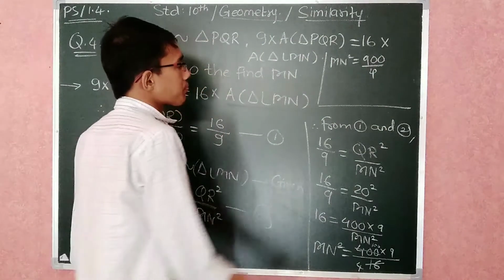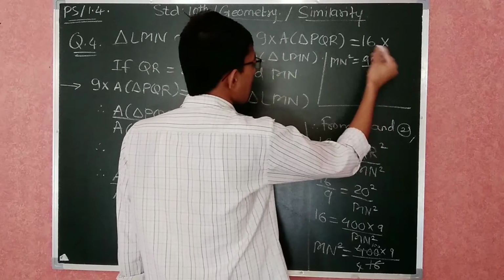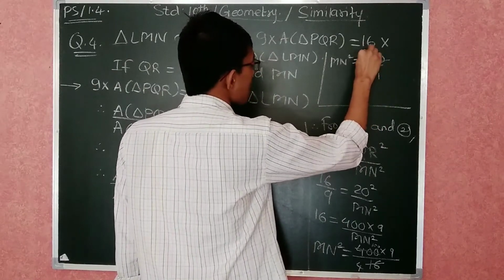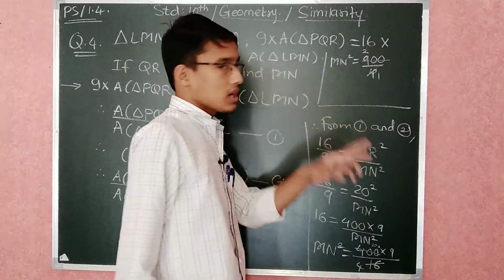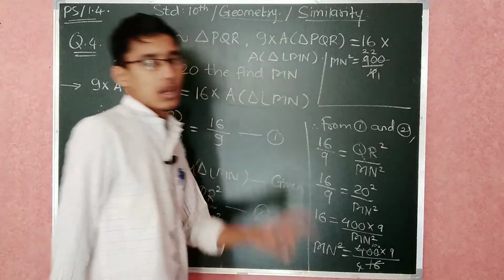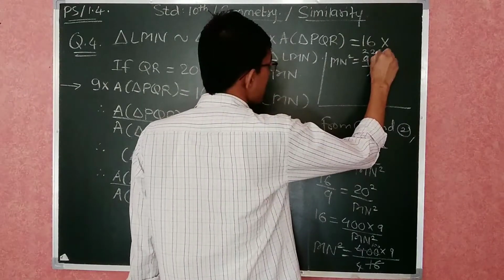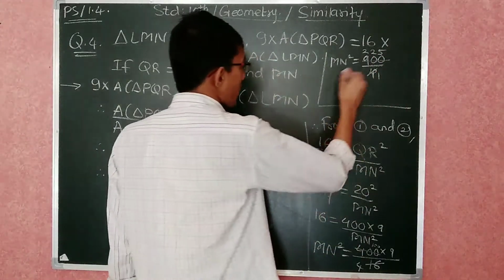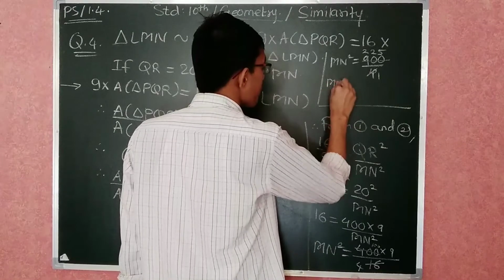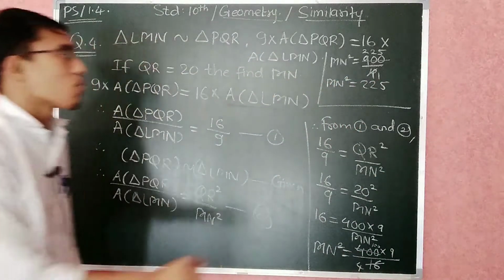Then 4 twos are 8, left 1 and 0, 10, again 4 twos are 8, left 2 and 2, 20, and 4 fives are 20. So I have got MN square is equal to 225. So what will be MN?